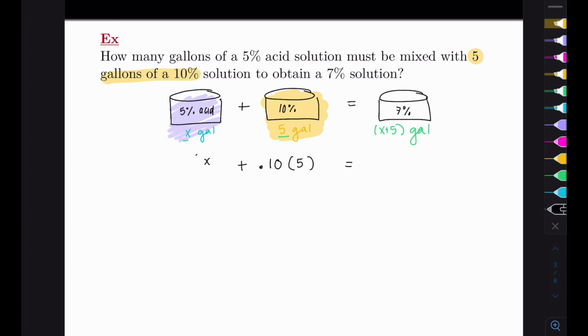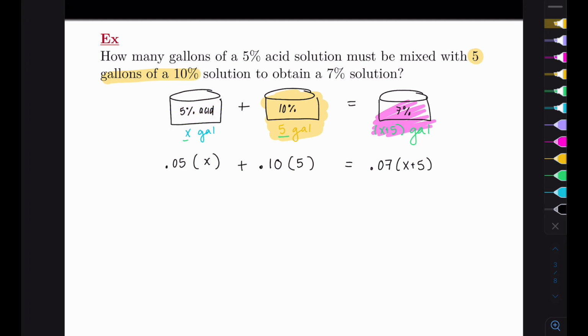So I'm taking the total amount of gallons and I need 5%. This gives me the amount of gallons of acid in the 5% solution. And then on the right hand side, I have X plus 5 gallons, and 7% of it is acid. So I'm going to take the amount of gallons we have and multiply it by 0.07.